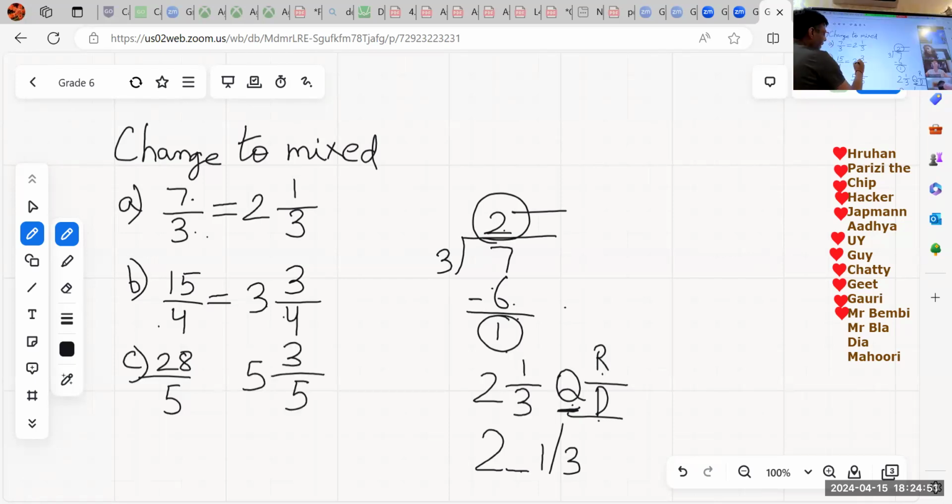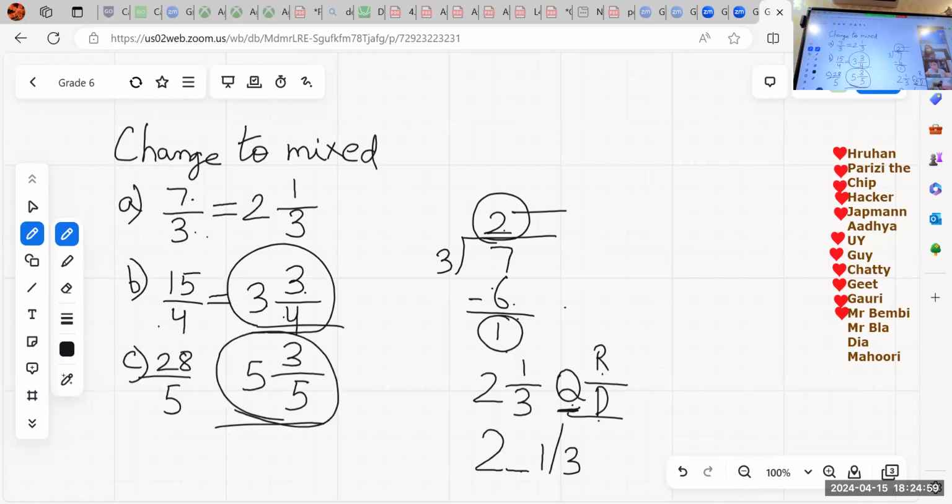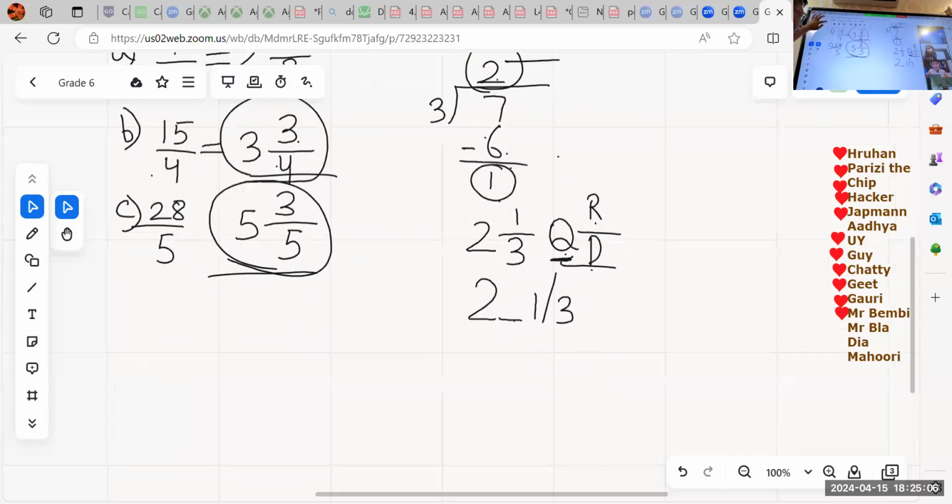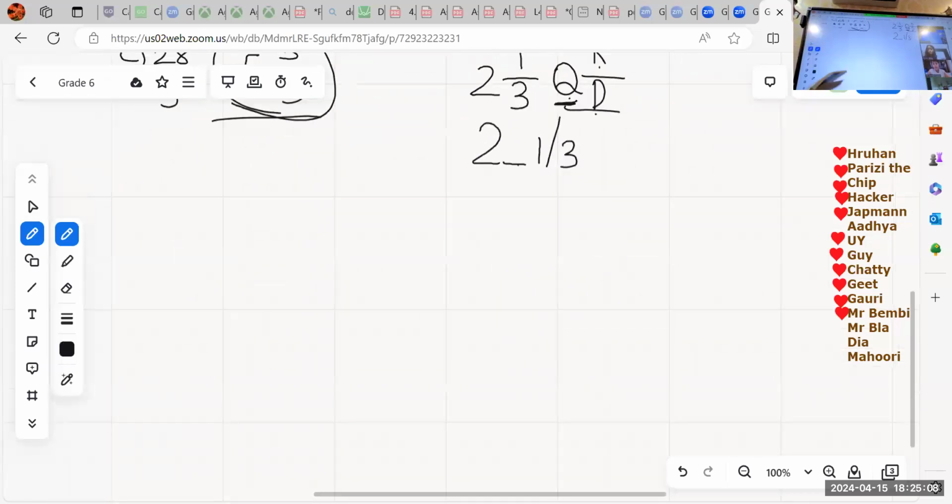All right, so the answers are: 4 threes are 12 plus 3, 15 upon 4, 3 3 by 4 and 5 3 by 5. These are the two answers. So are your answers matching? Yes, sir. Okay. Now we have to change from mixed to improper. So mixed to improper.